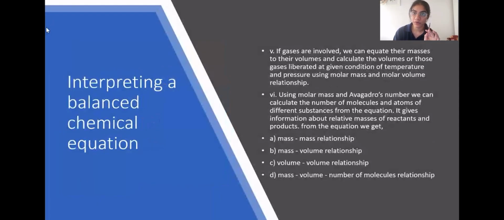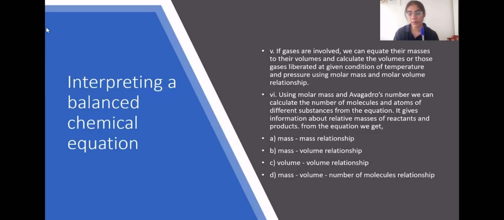If gases are evolved, we can equate their masses to their volumes, and we can calculate the volumes of those gases liberated at a given condition, either of temperature or of pressure, using molar mass and molar volume relationship.